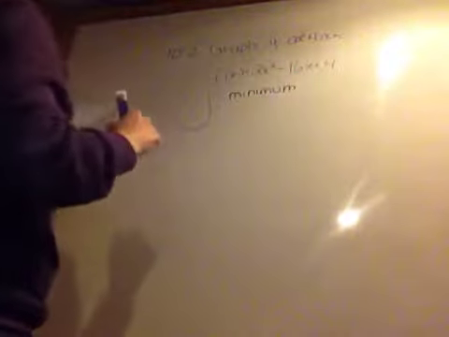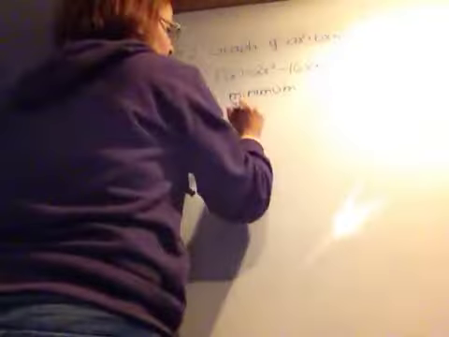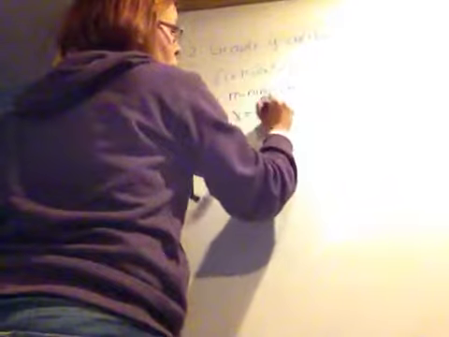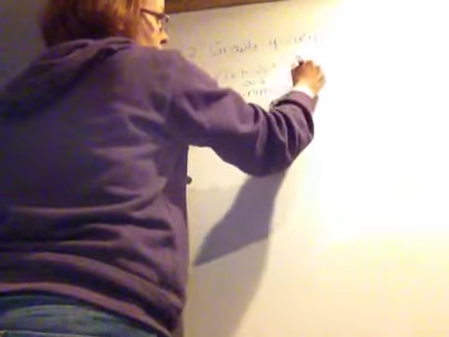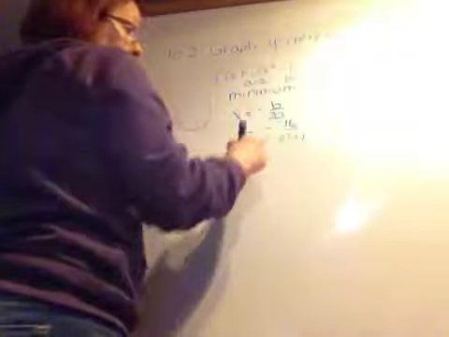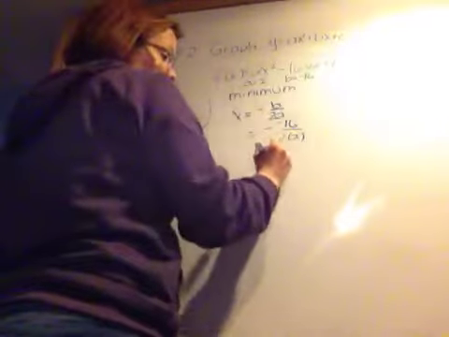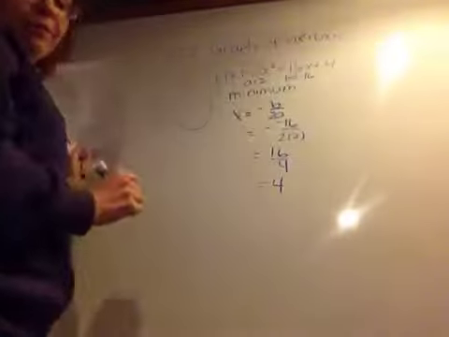To find my minimum value, I'm going to first find my x-coordinate of the vertex. And that's x equals negative b over 2a. Well, a equals 2 and b is negative 16. So that's going to be negative 16 over 2 times 2. This becomes a positive 16 over 4. 16 divided by 4 is 4.